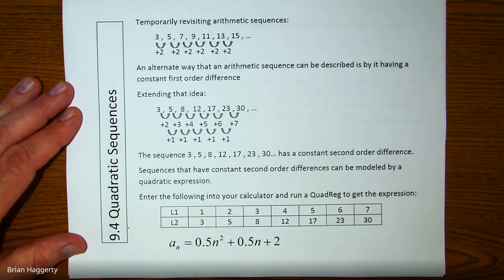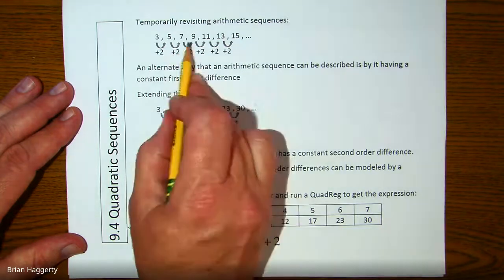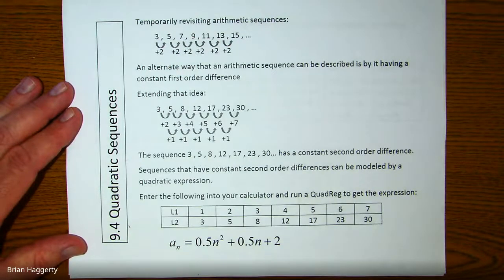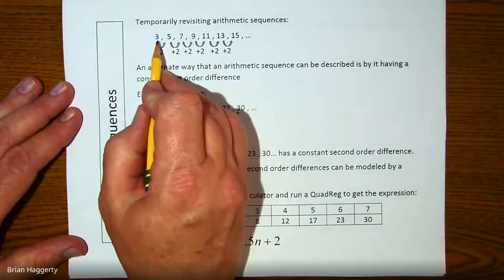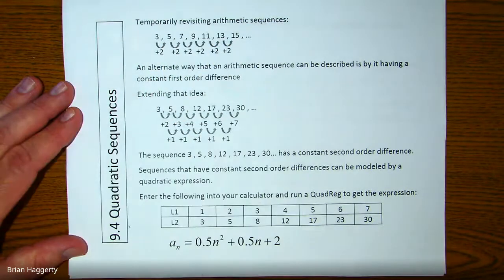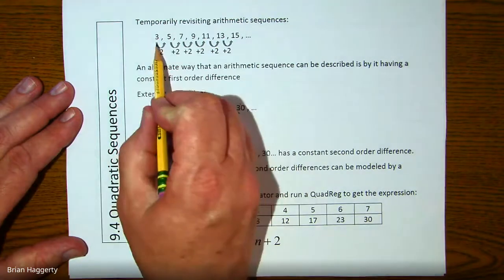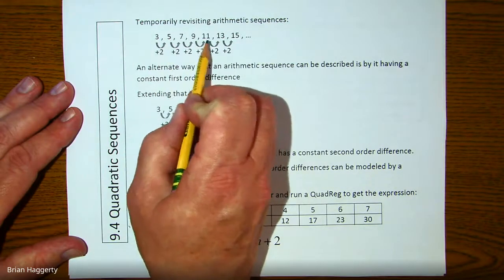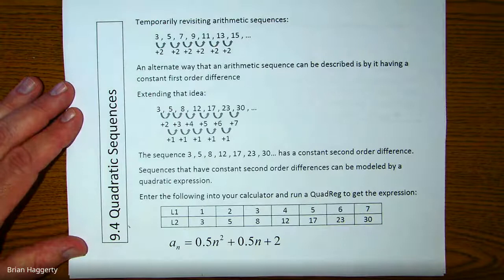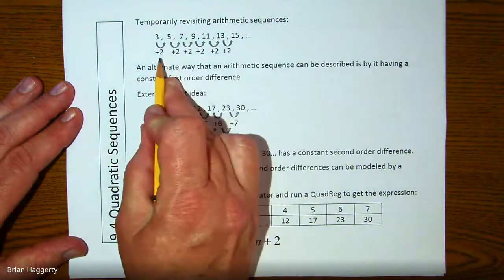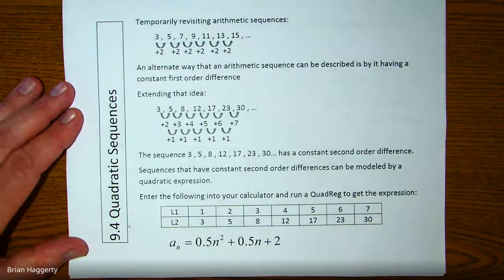All right, as a comparison point, what we're going to do is go back to an arithmetic sequence example. So for this first sequence, we have 3, 5, 7, 9, 11, 13, 15. So it's going up by 2 each time to get from one term to the next. So we have that d value to be 2.